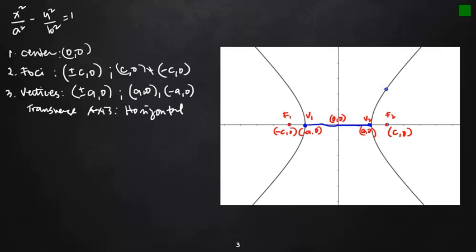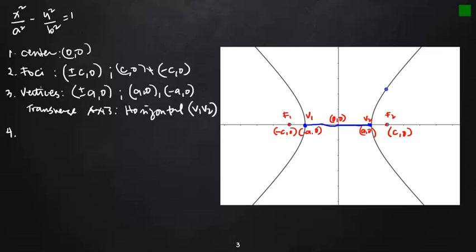We can also have another axis that's perpendicular to our transverse axis. If the transverse axis is from v sub 1 to v sub 2, this other axis is perpendicular to it at the origin.